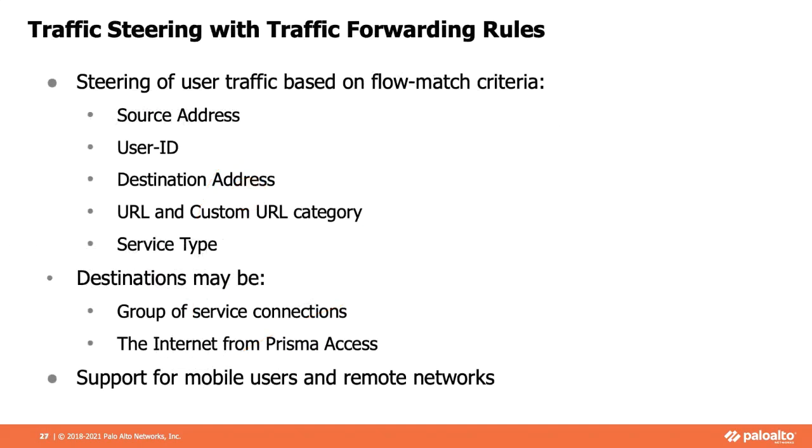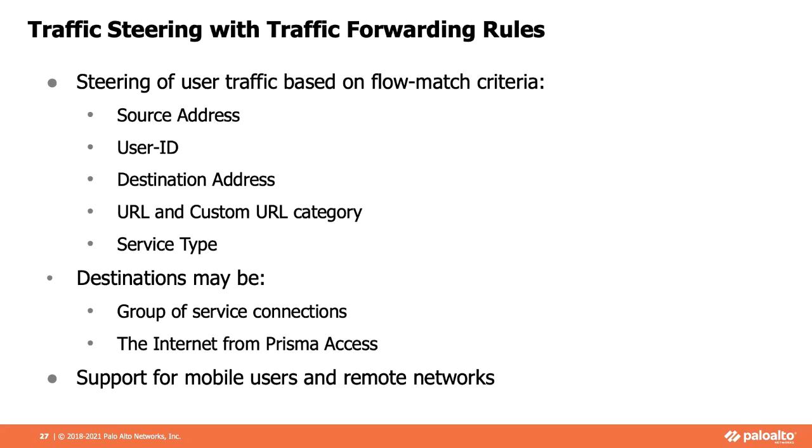Traffic forwarding rules, we have the ability to be more granular about what we want to do. So we can look at source IP addresses, including EDLs, external dynamic lists, user IDs, destination addresses, including EDLs, URLs, and custom URL categories, but not our predefined URL categories, and service types, which are port numbers.